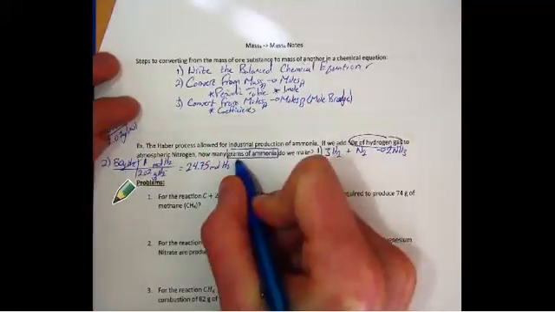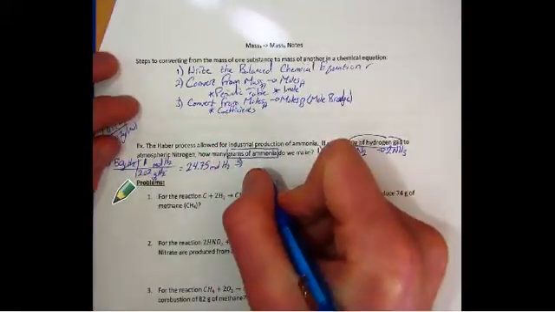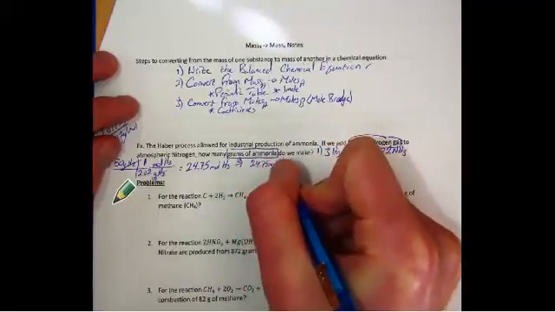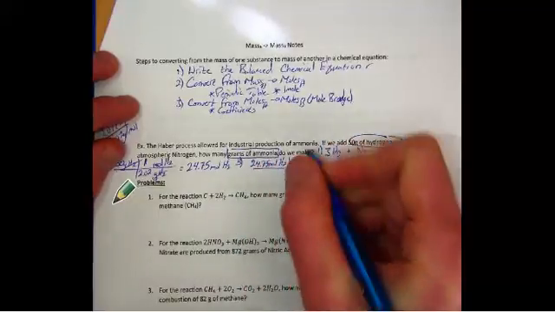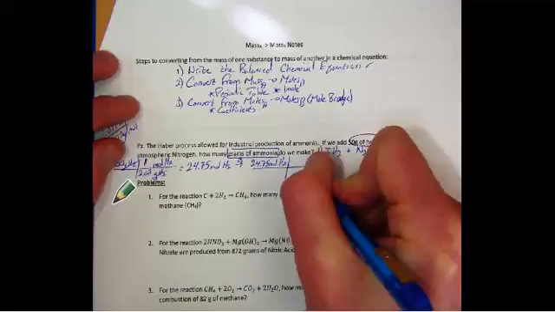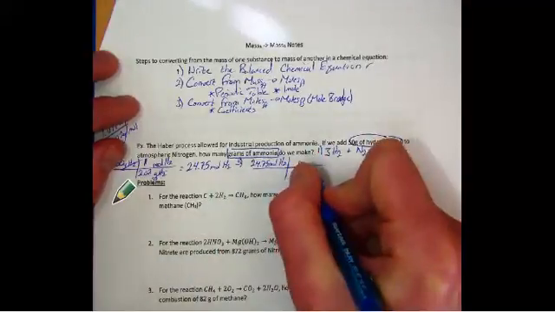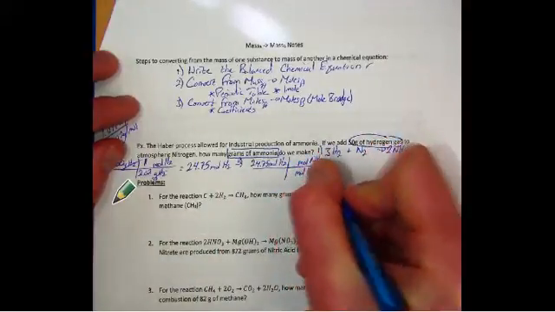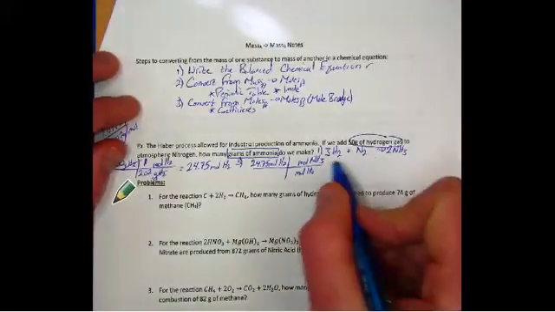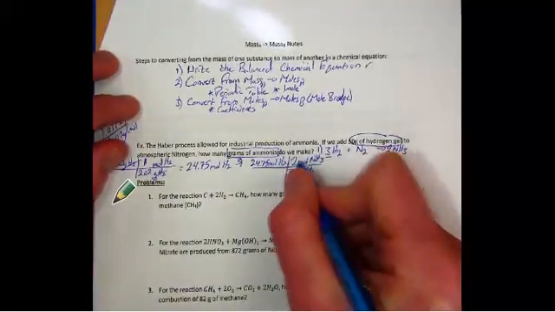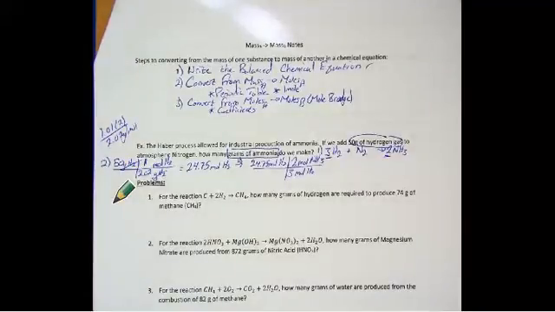All right, step 3. We have 24.75 moles of H2. The unit on the diagonal is moles of H2. The unit up top is the one that we're looking for, which is moles of ammonia. Now, our coefficients, we have 3 moles of H2 and 2 moles of ammonia. So we drag those over from the balanced chemical equation.